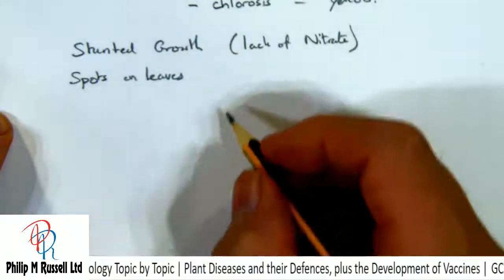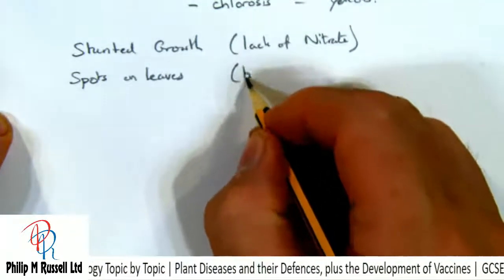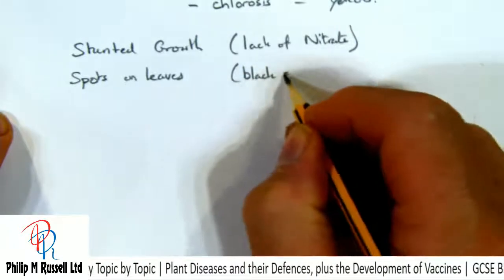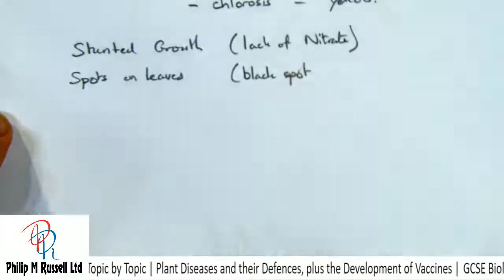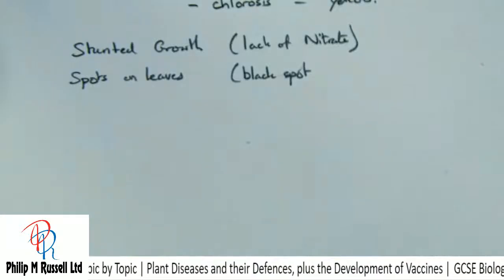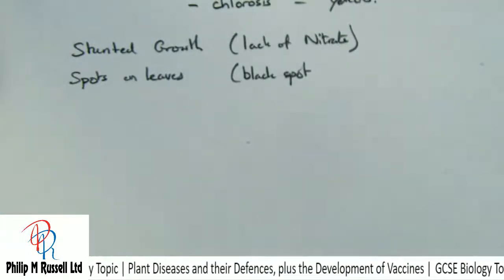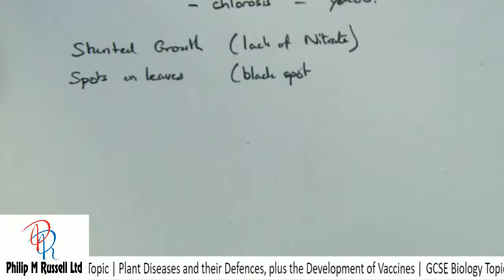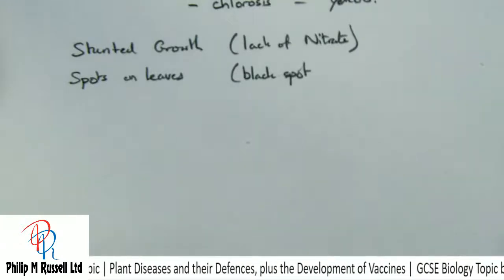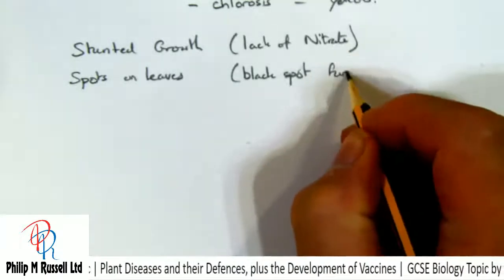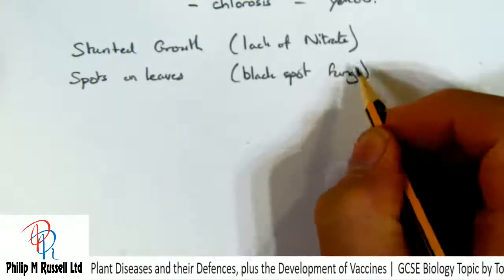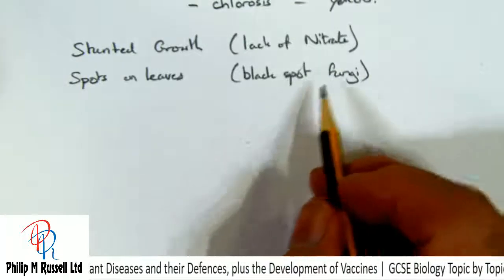usually a good sign of something like black spot. Things like black spot on roses, and these things aren't very nice, and these are typically things like fungi. The big problem with this is trying to eradicate it.